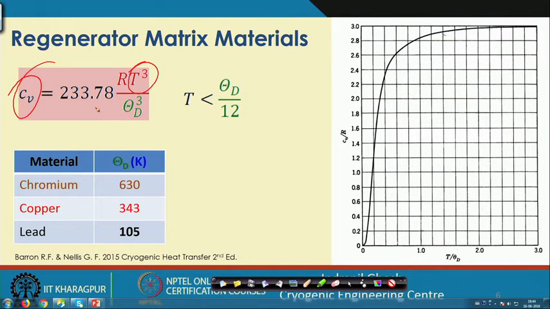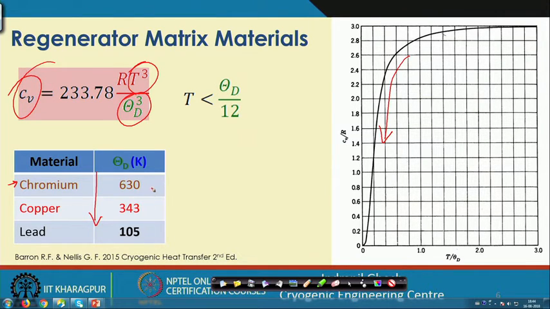As the temperature is falling, you will find that the specific heat is falling rapidly, and it depends also on the Debye temperature theta D. Some of the common materials used for the regenerator are chromium, copper, lead shots, or porous material.